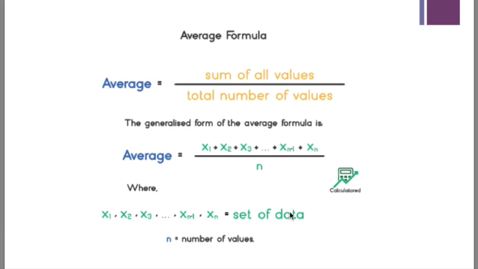You have a set of data, x1, x2, x3, x4, all the way to xn. N is the number of values. So you add up all the values, x1 plus x2 plus x3 all the way to xn, divided by n.